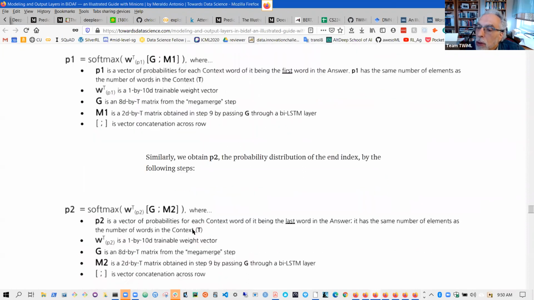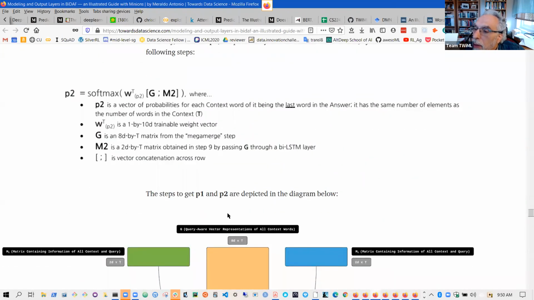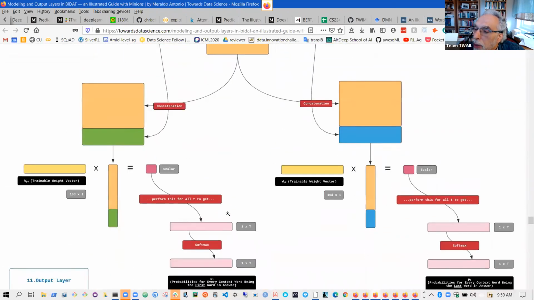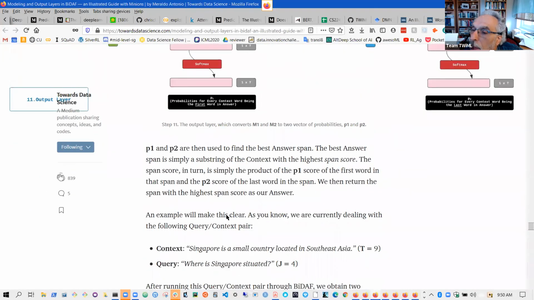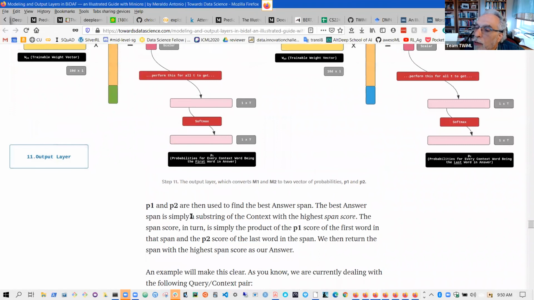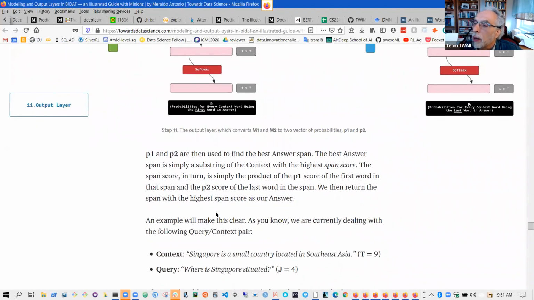So let's see. And then, okay, he illustrates that. But I'm just going to scroll through quickly to see where he's getting to. Once you have P1 and P2, the best answer span is simply a substring of the context with the highest span score: the product of the P1 score of the first word in the span and the P2 score of the last word.